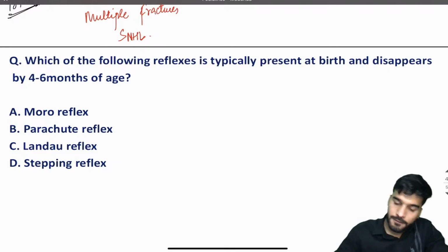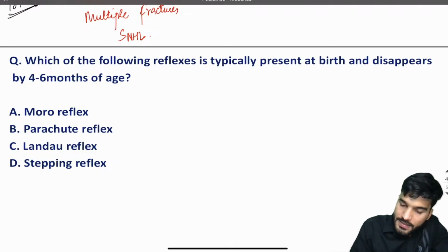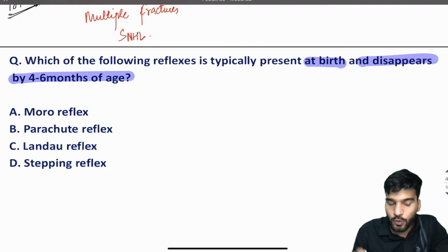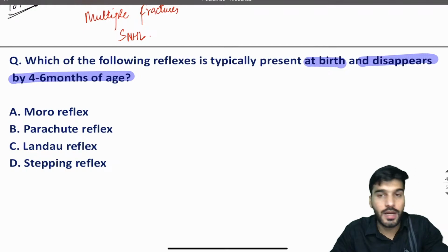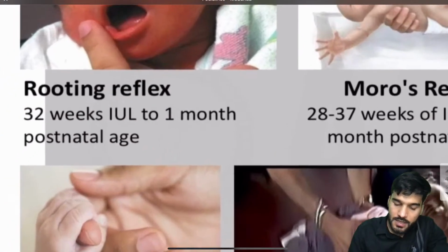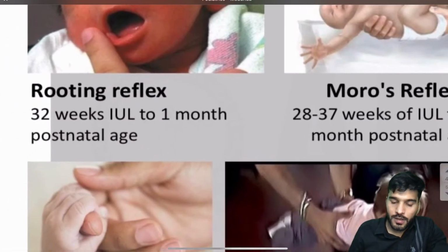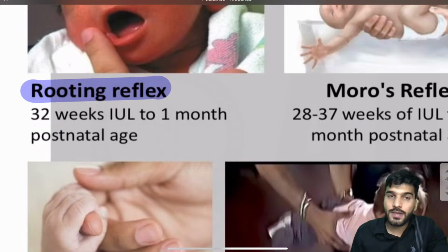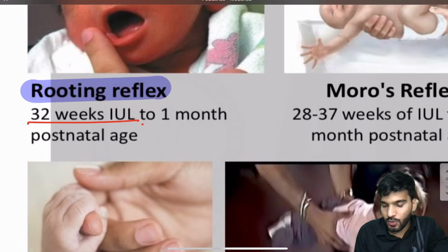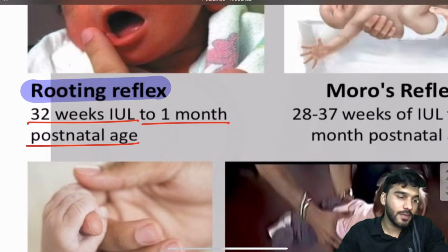Which of the following reflexes is typically present at birth and disappears by 4 to 6 months of age? Now the newborn reflexes. First of all, the rooting reflex: it starts at 32 weeks of intrauterine life and lasts to 1 month postnatal age.